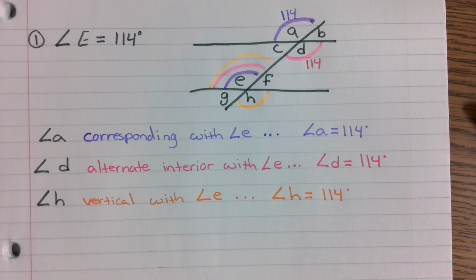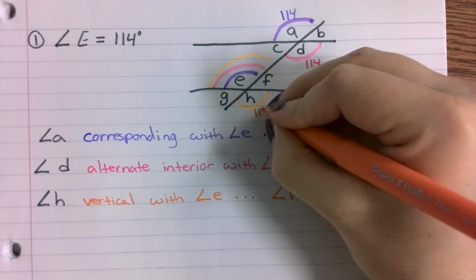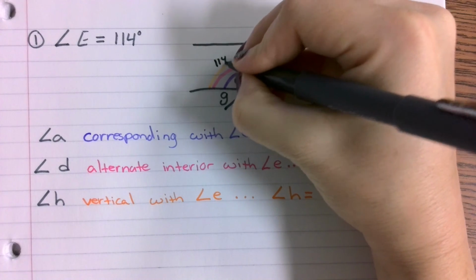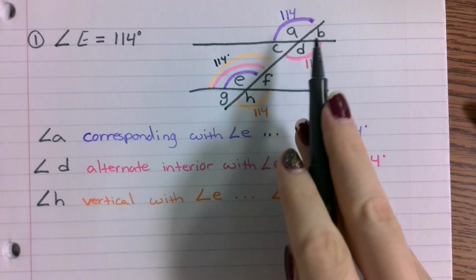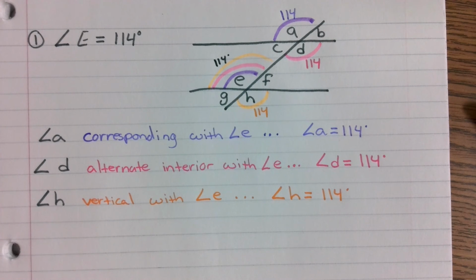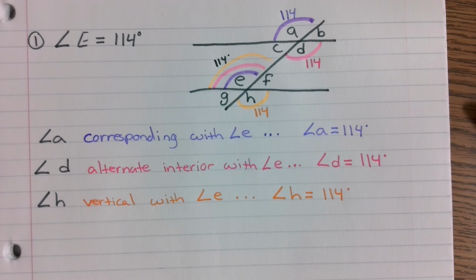So if I know that this is 114 degrees and all these are 114 degrees, can I figure out what B, C, F, and G are? I know all the obtuse angles. Can I figure out the acute angle? How? Look back at your notes.